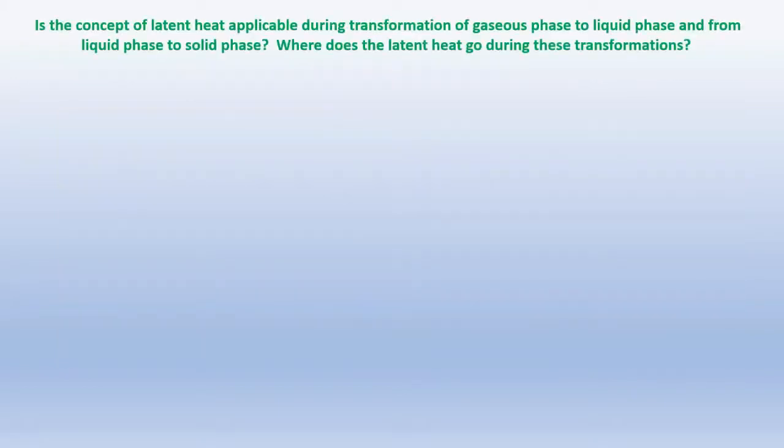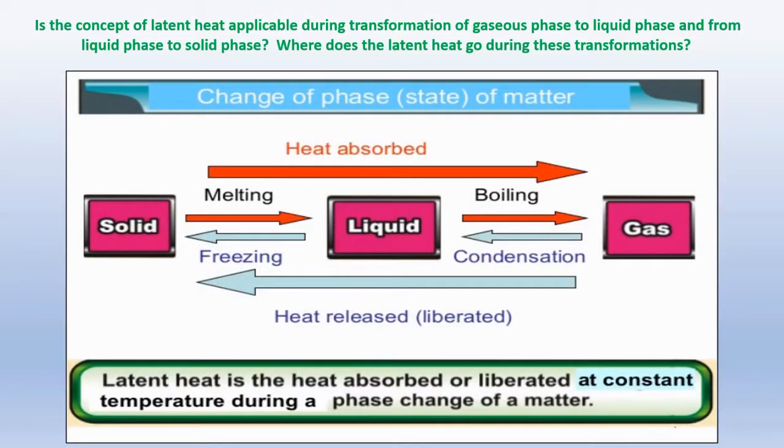There is a question for you all based on the topic. Is the concept of latent heat applicable during transformation of gaseous phase to liquid phase and from liquid phase to solid phase? Where does the latent heat go during these transformations? Now in the previous slides, for the latent heat, we studied that there is a change in the phase of matter from solid to liquid and from liquid to gas.